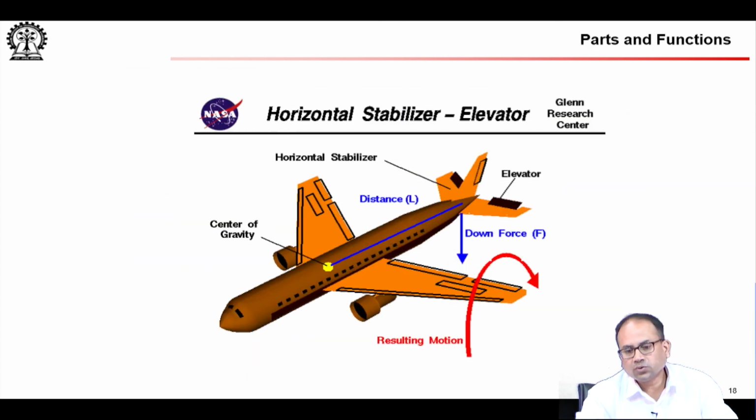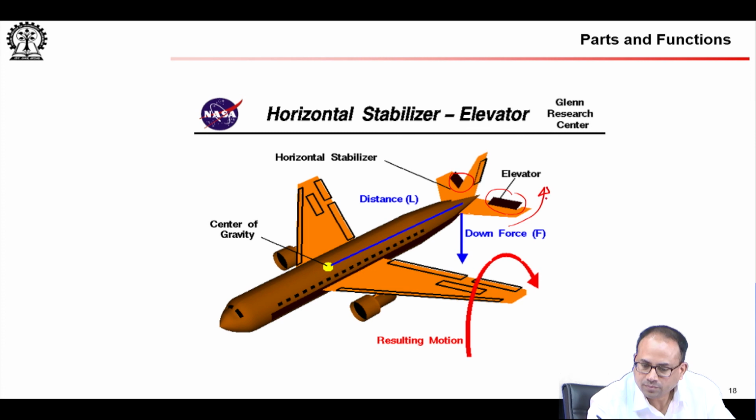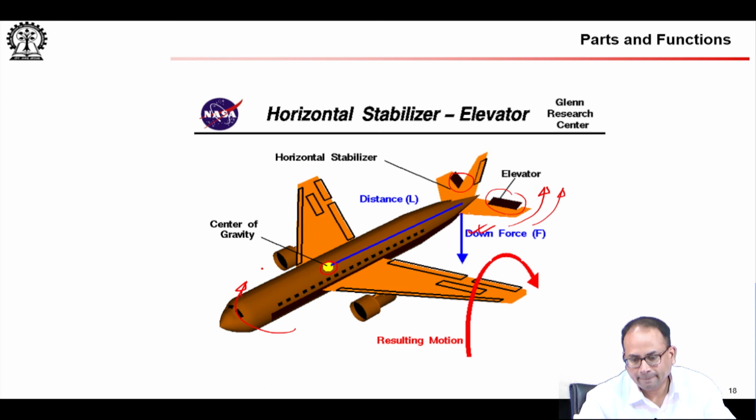So, now let us quickly go through these series of pictures. You see that here the elevators are deflected up. So, flow is coming like this, going up, and as I said, the reaction force is a down force. If this is your center of gravity, then your resulting motion will be pitch up, nose up.